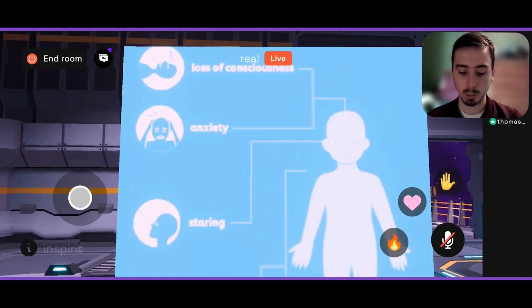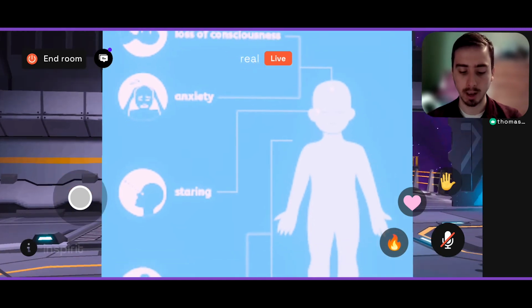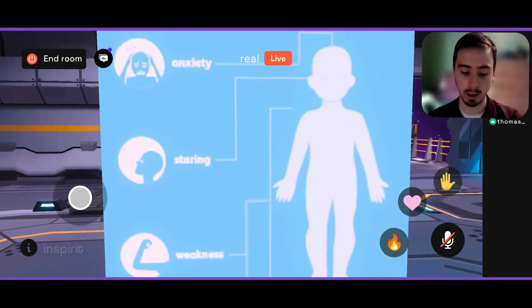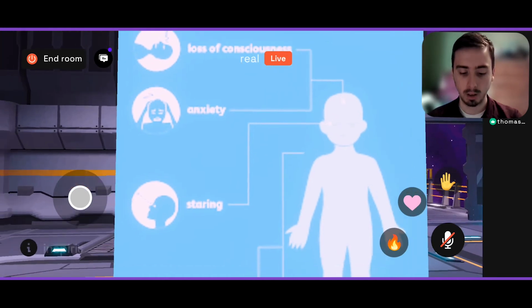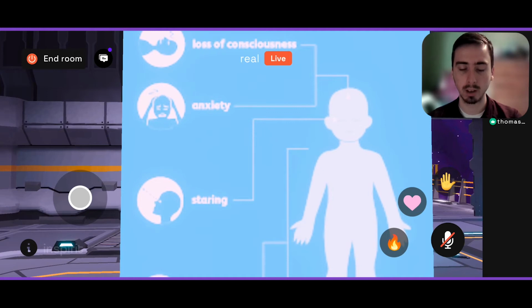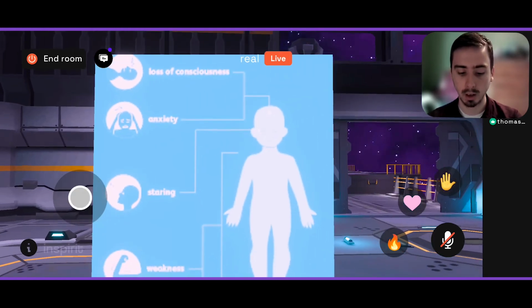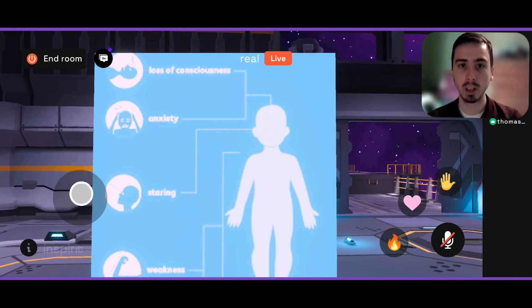Some general symptoms of epilepsy are loss of consciousness, anxiety, staring into oblivion, pretty much that you can't figure out what they're staring at, and overall weakness in their body. So that is epilepsy. The person's kind of disoriented when a seizure happens, they may lose consciousness, and they may be anxious before the seizure actually occurs.